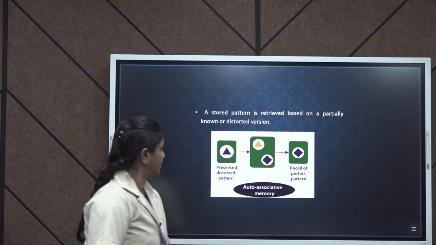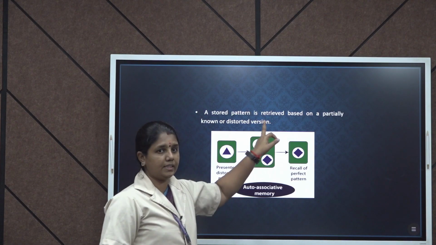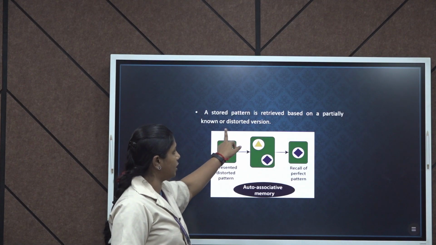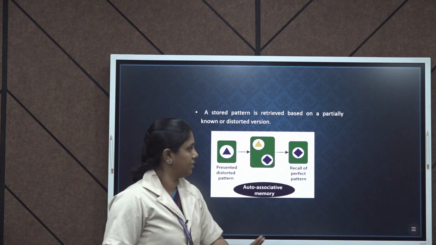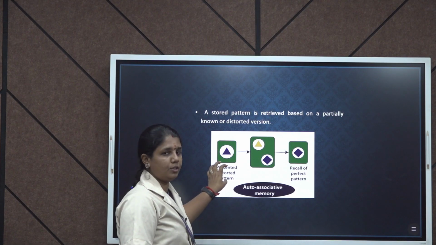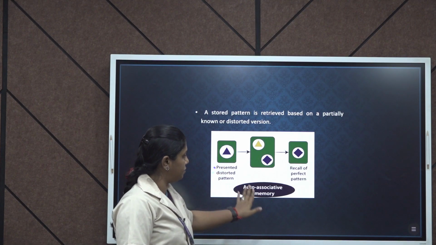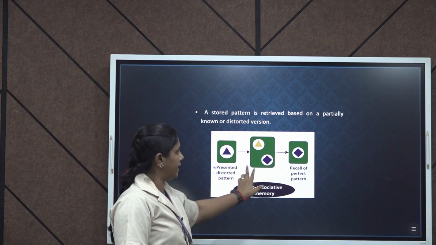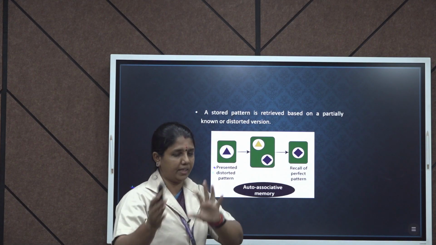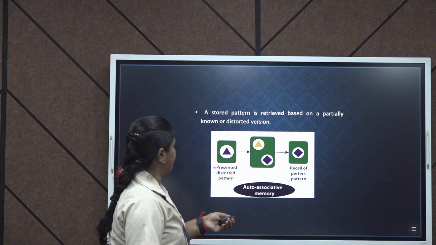For example, a stored pattern is retrieved based on a partially known or disordered version. Given a disordered pattern, using auto associative we get a recall of the perfect pattern.